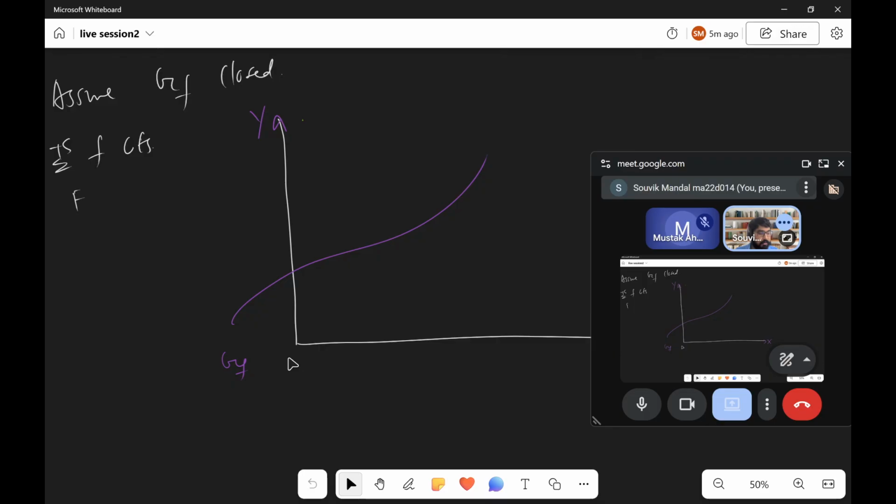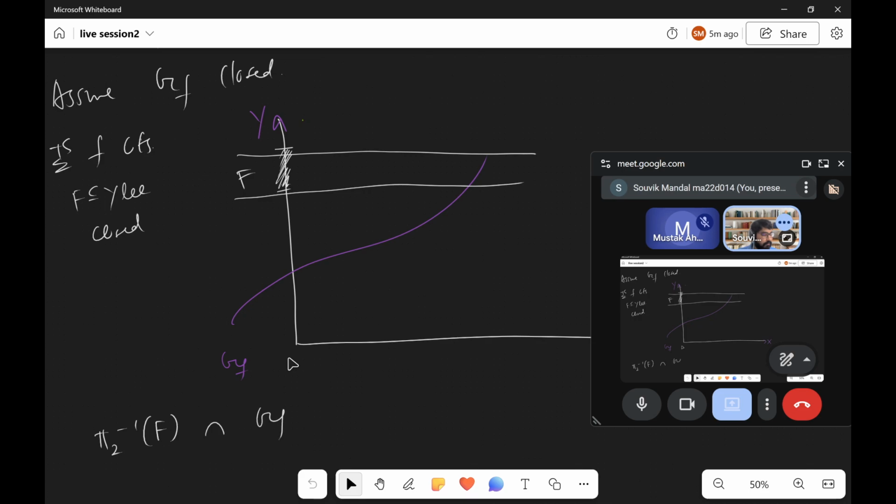So if F is a closed subset of Y, okay, now consider pi 2 inverse of F. So this will be this line only, correct?